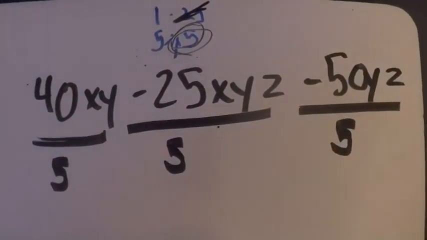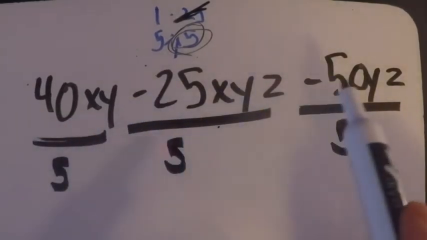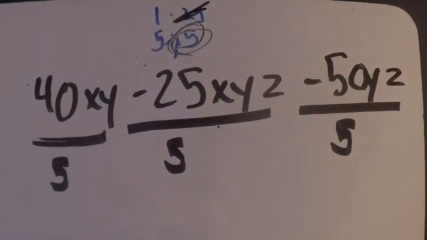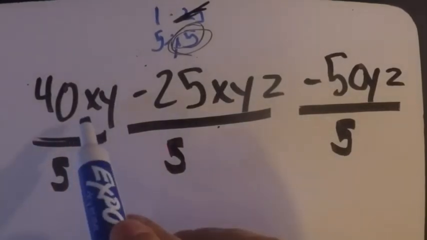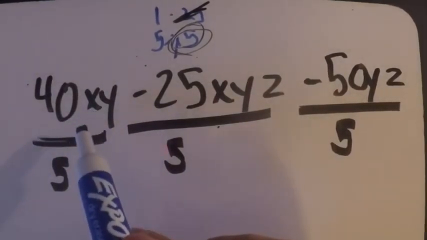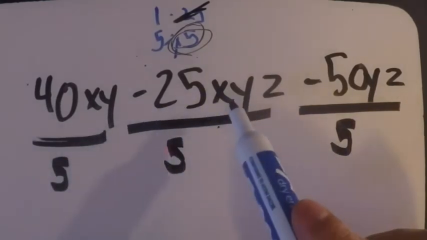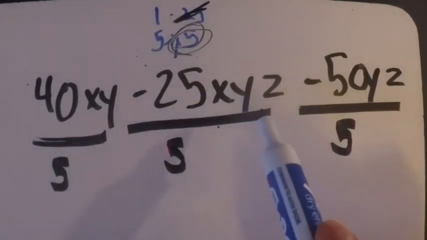Now we have to address the variables. In order for a variable to be factored out, each term must have that variable. Our first term has the variables x and y. Our second term also has the variables x and y.